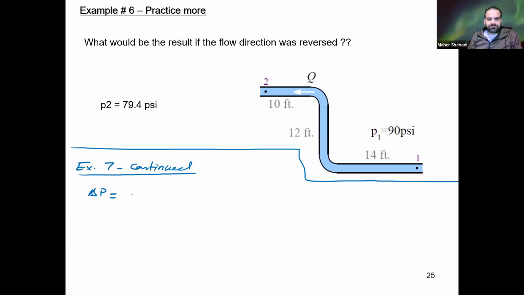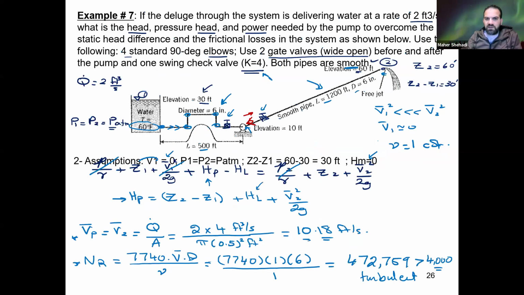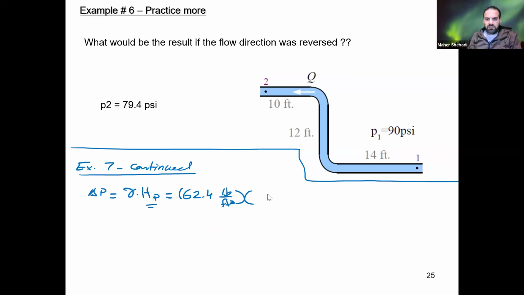So that will be gamma H. We're doing the pump, so gamma times HP. If you're doing delta P loss, the pressure loss, it would be gamma times the head loss. This one is 62.4, it's water, pounds per cubic foot. And then this one we said 117.9 feet.